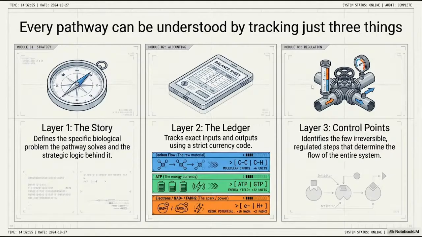Now, the control points will identify a few irreversible steps. That is, once you have made the profit, there's nothing like a warranty whereby you need to go back. So the cell will not say they are no longer interested in that business again.